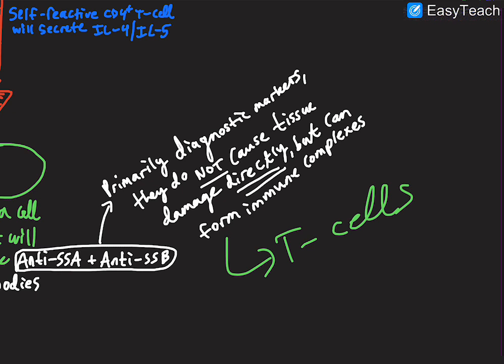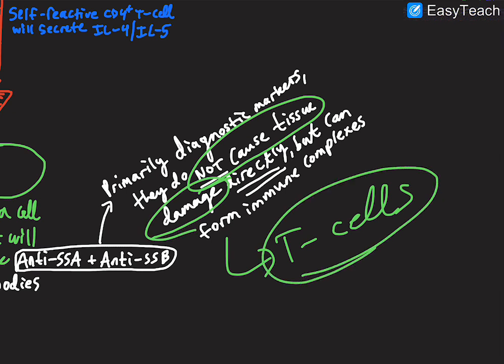These antibodies are not the primary source of damage occurring in this disease. It's mainly from the T cells. You may see immune complex formation, but the main thing to understand is that it's lymphocytic infiltration.